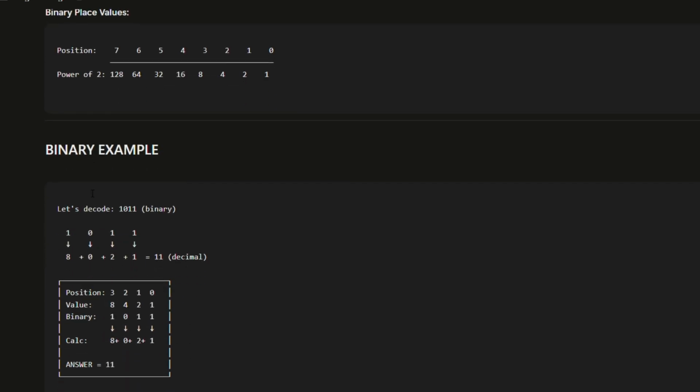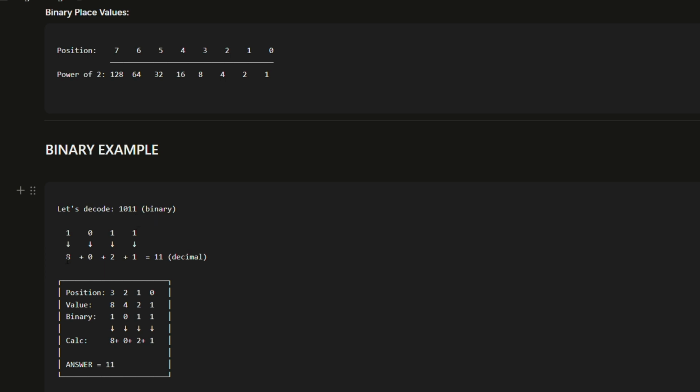Let's say I want to convert this binary value, 1011, into a decimal value. How exactly would I go about it? I would take each of these digits and multiply it by 2 raised to the position of that digit. So it would be 0, 1, 2, 3, which are the powers of 2, which I multiply with the digit accordingly.